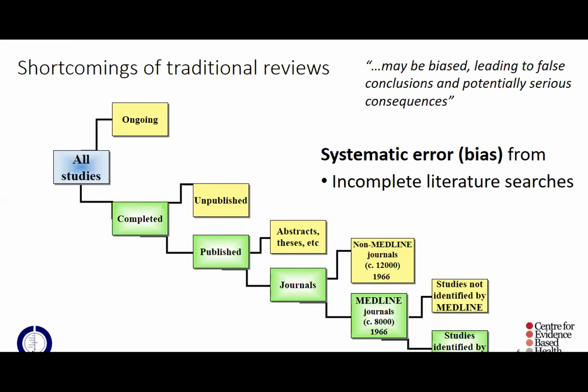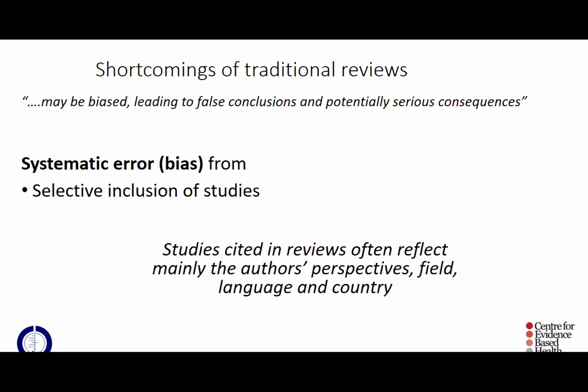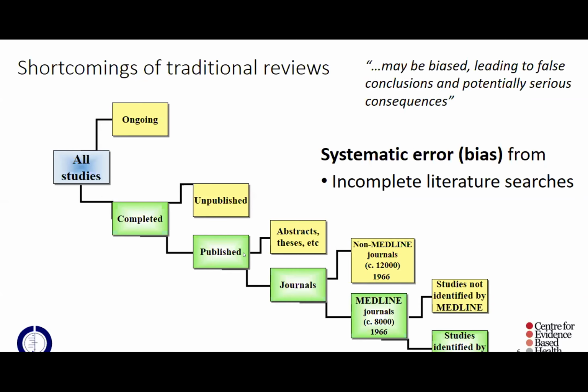If we just walk through this flow diagram, if you think of all randomized controlled trials that are available, some of them may be ongoing and some will be completed. Of those that are completed, only some will actually be published. And when they are published, some will be in peer-reviewed journals and some will be in the form of abstracts or as PhD or master's dissertations published on the university site.